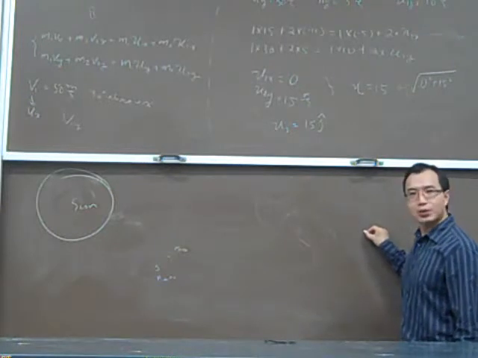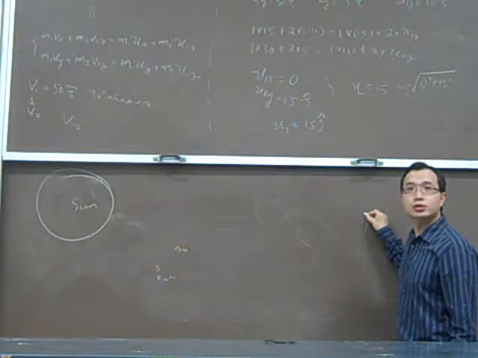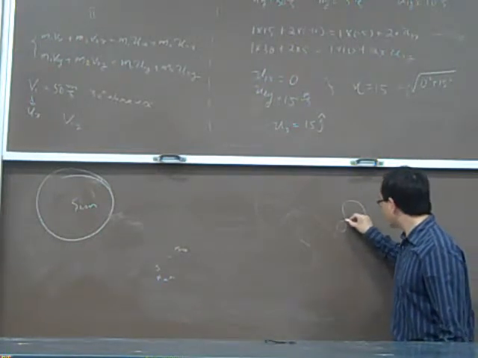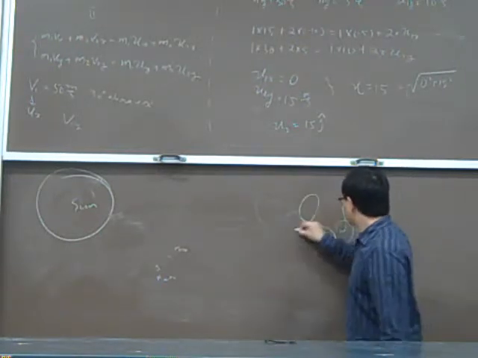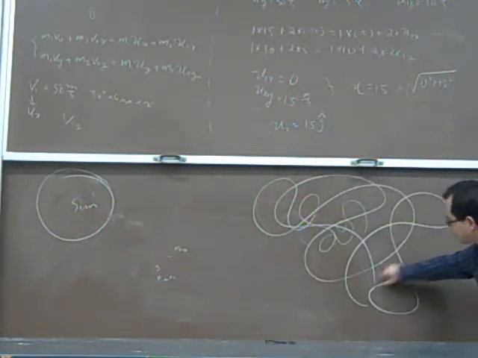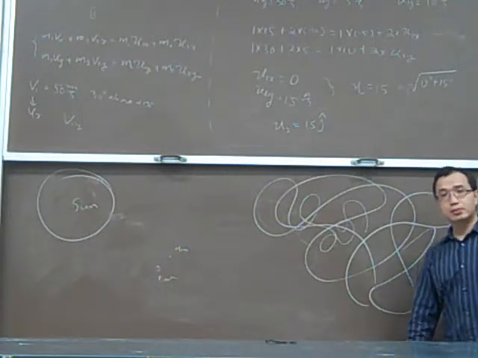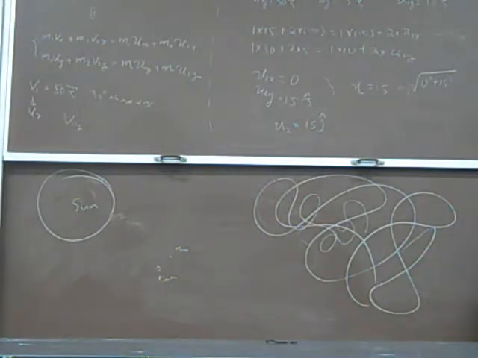If one object starts from here, and you do the numerical simulation, you will see that the trajectory may be like this. Finally it does something like this. It's totally irregular. You cannot predict it in the long term.